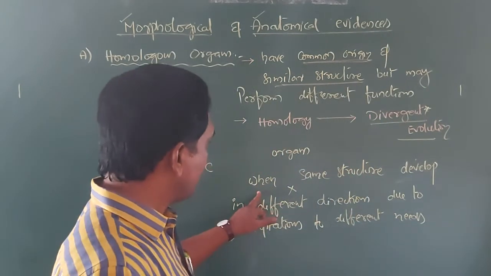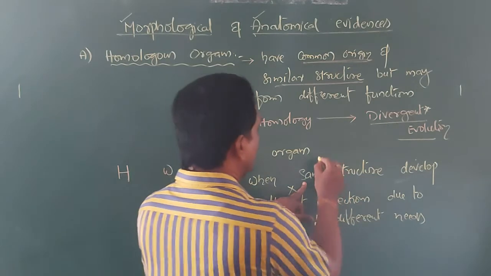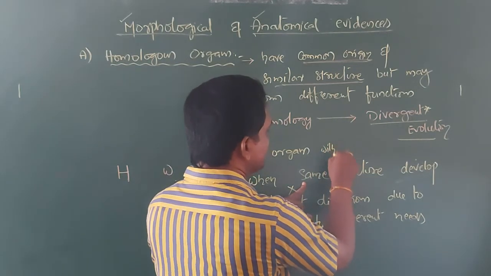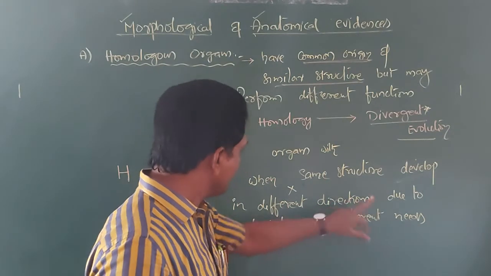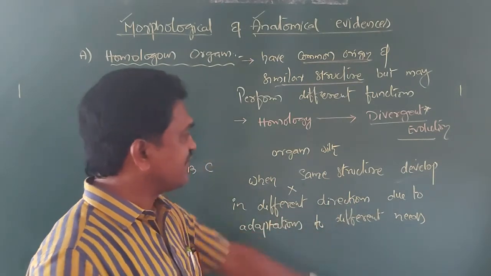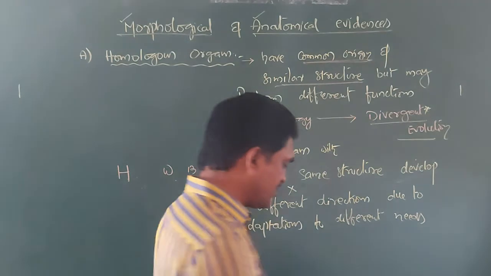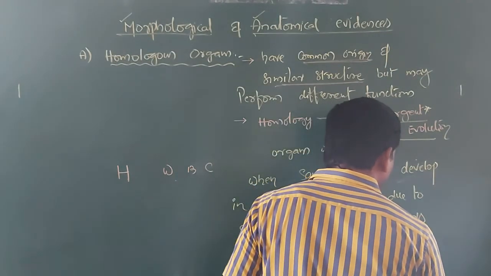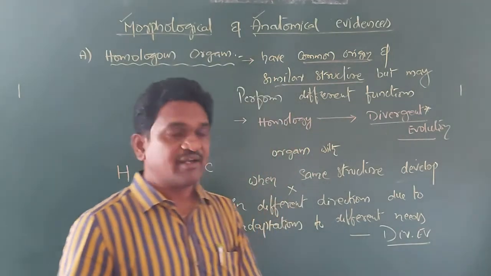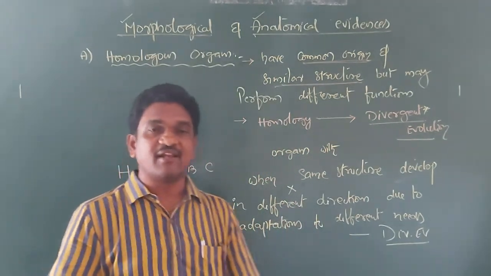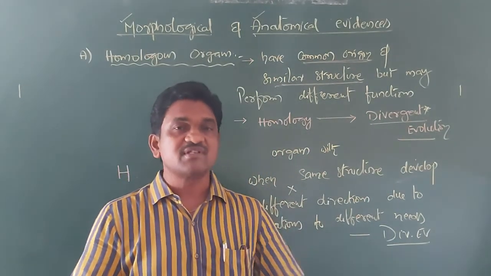See this, when organs with the same structure develop in different directions due to adaptations to different needs, what is this process called? Divergent evolution.